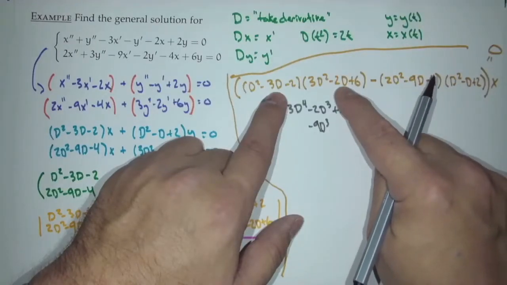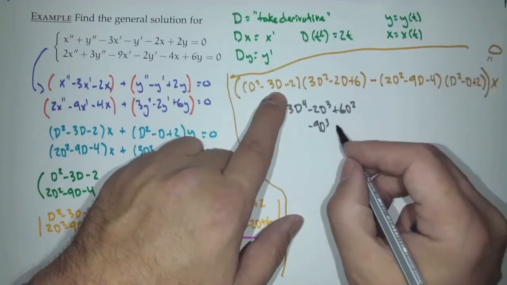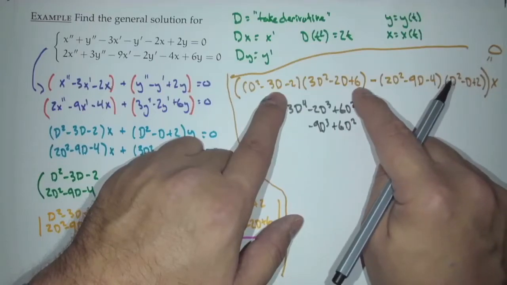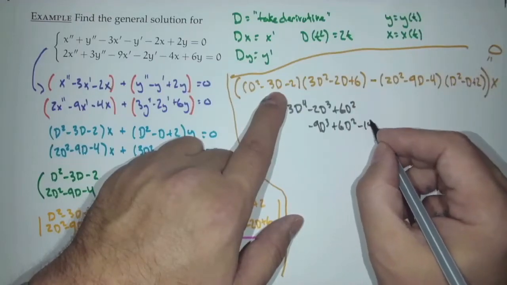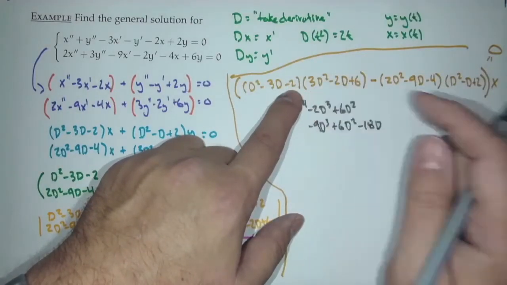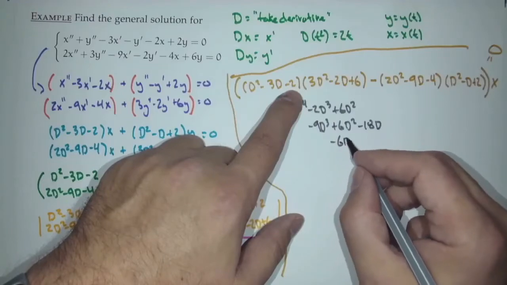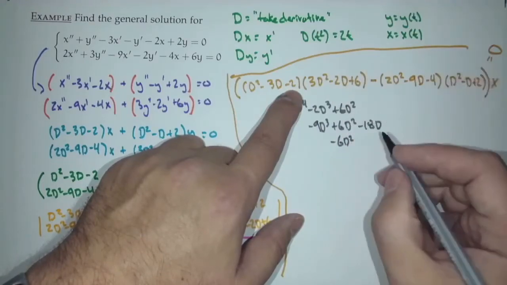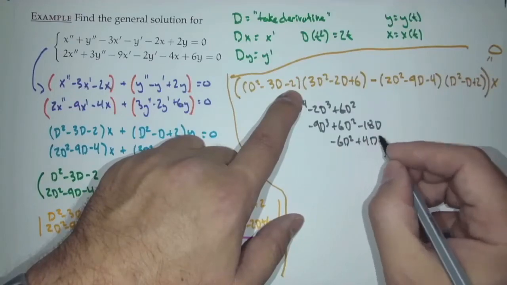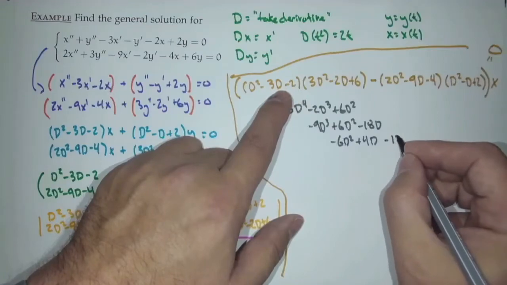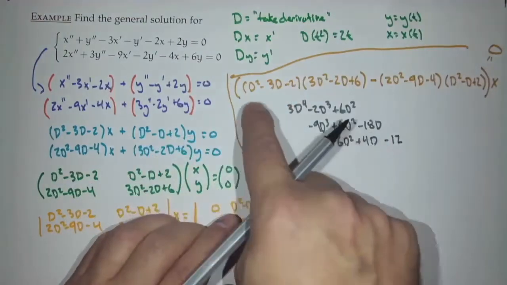Minus 3d times minus 2d, plus 6d squared. Minus 3d times 6, minus 18d. Minus 2 times 3d squared, minus 6d squared. Minus 2 times minus 2d, plus 4d. Minus 2 times 6, minus 12.